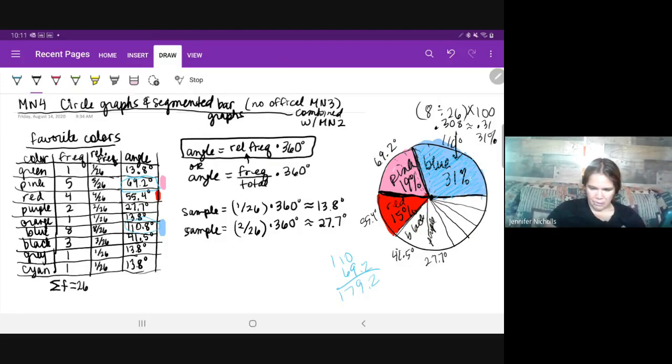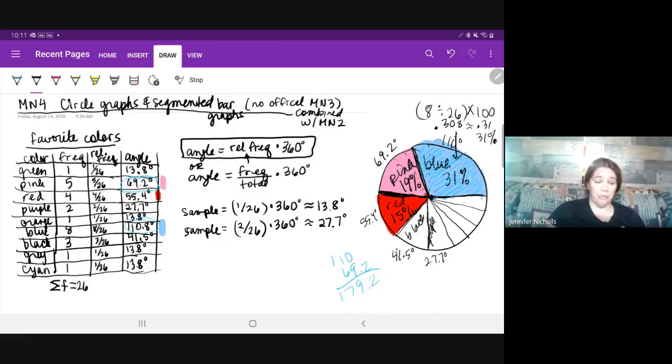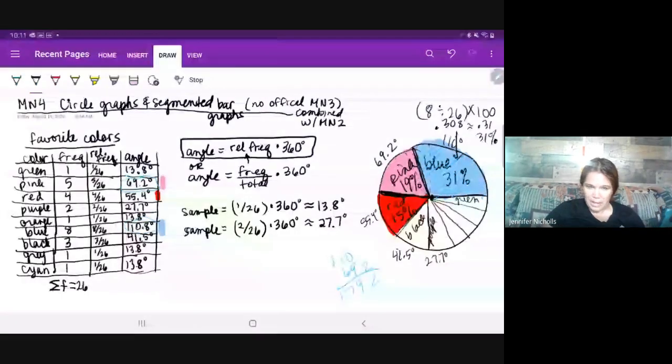And yes, it would be nice to have a protractor, but then not nice, because then I don't have to use a protractor. Okay, so you guys, I'm not going to have nearly so many numbers. Now, if you had to choose again, you'd only choose from 5 colors, right? You wouldn't have chosen all these creative ones. Okay, so blue, pink, red. Green is one of these little ones. And what was the percent on the green? Oh, we haven't figured out the percent. Hey, Victor, can you tell me what the green one is?